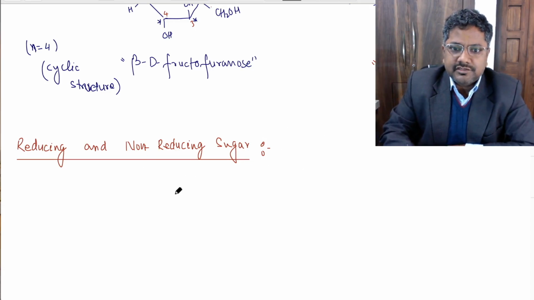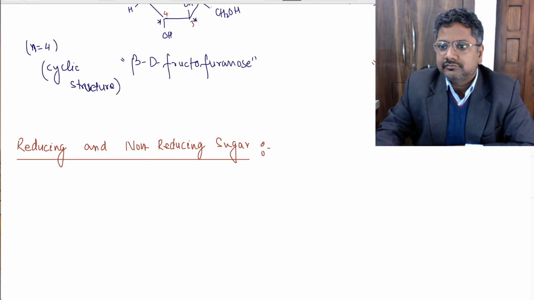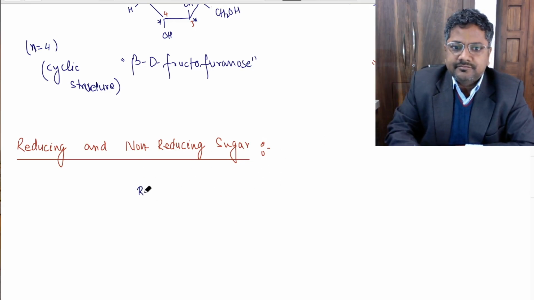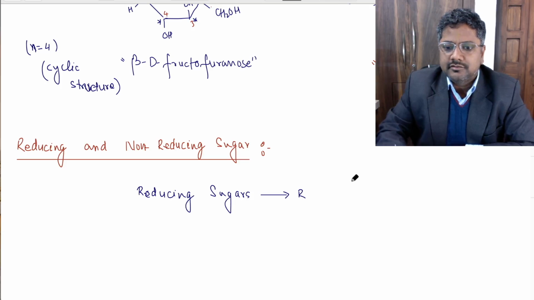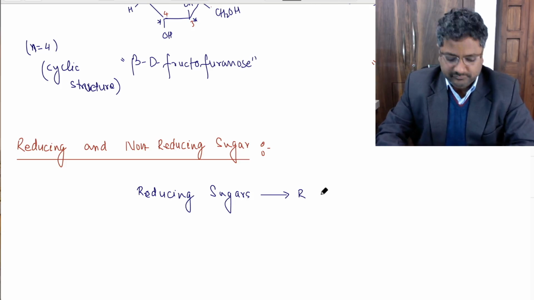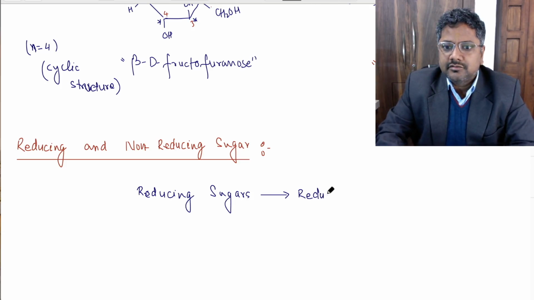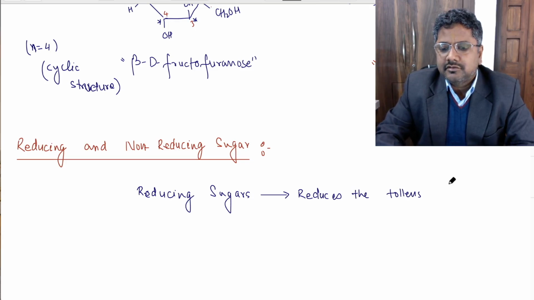So reducing sugars reduce the Tollens reagent or Fehling's.